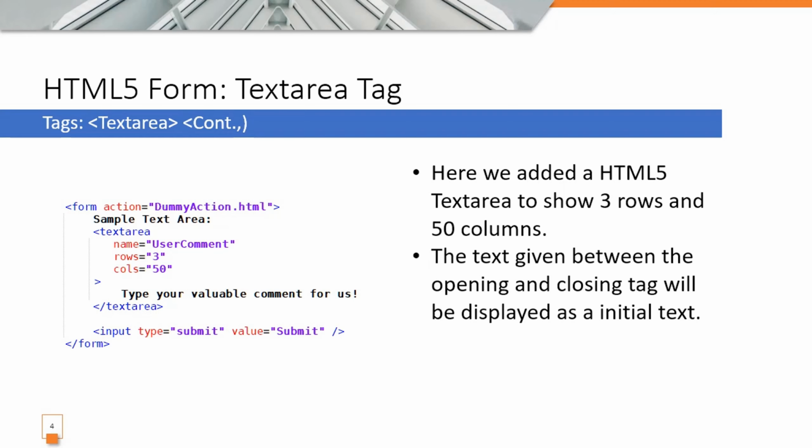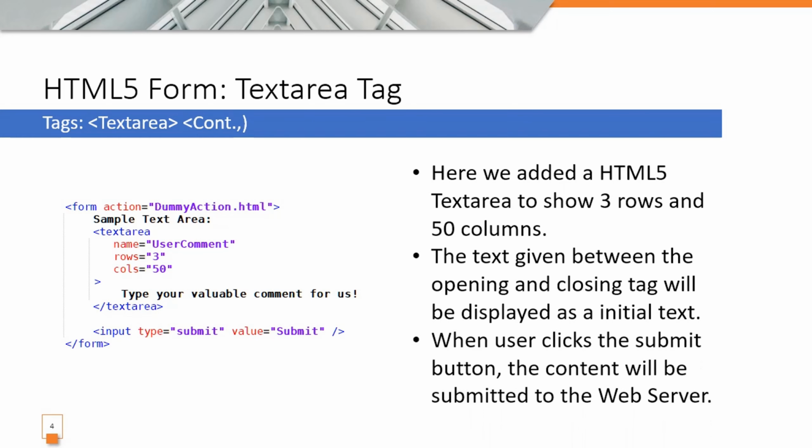The content which you write in between the textarea opening and closing tag will appear as the default text inside the text area control. When the user clicks the submit button, the content will be submitted to the web server.